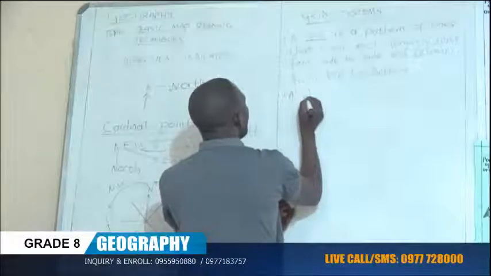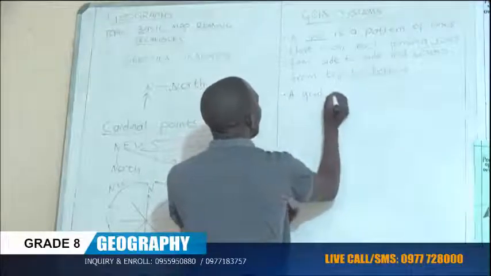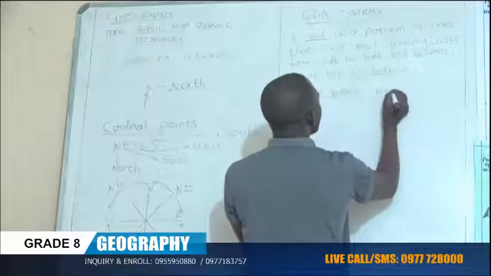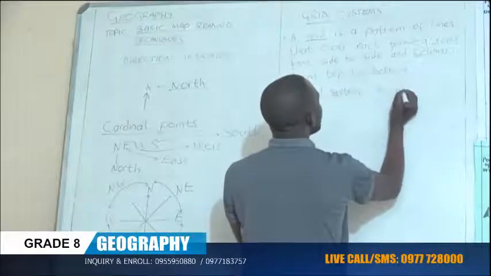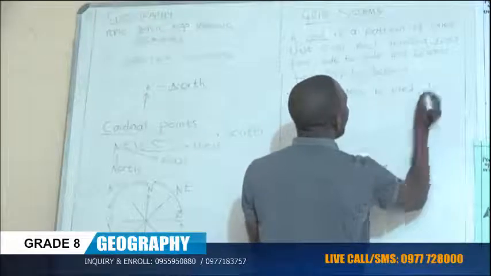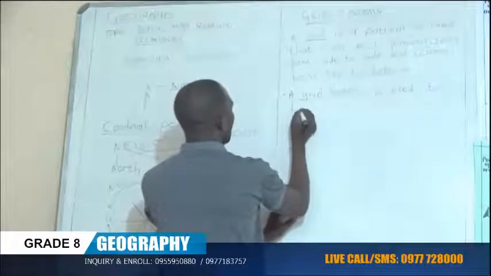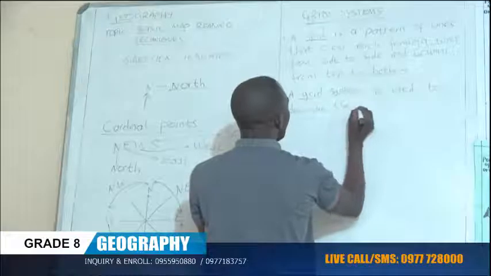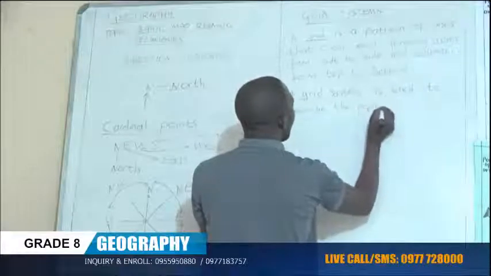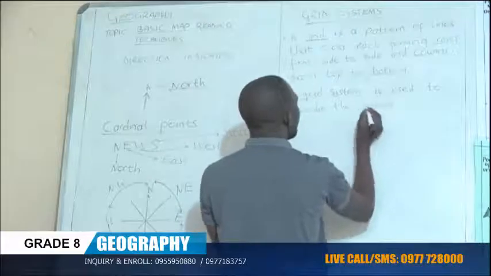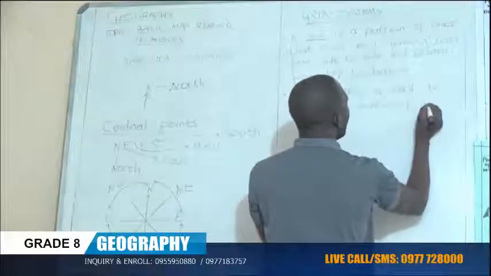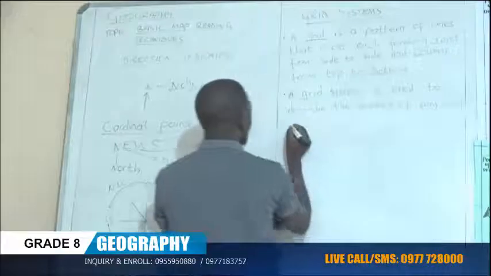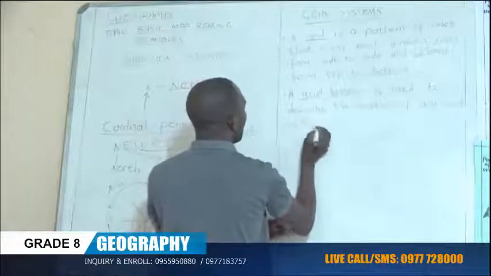A grid system is used to describe the position of any point within the grid.